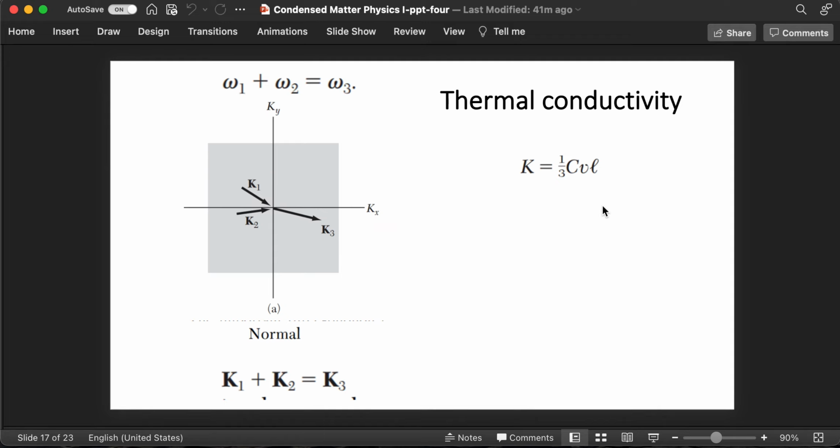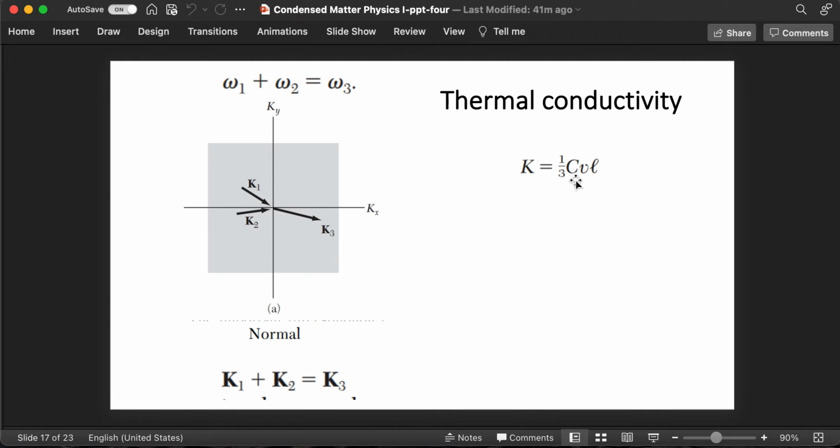Now coming to thermal conductivity, if I consider the phonons in a lattice as particles, just like the molecules in a gas, I can derive the expression for thermal conductivity in a manner completely identical to the derivation that we did in the case of the Drude model for electrons, and the expression will be the same.